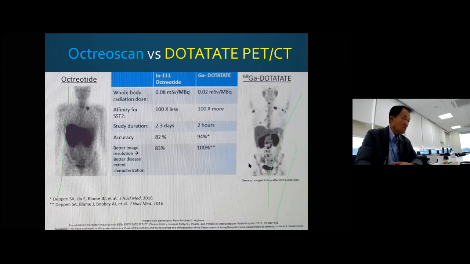Now, if you have a new SPECT camera using cadmium zinc telluride, you may have the same thing or even better. But comparison of planar versus tomography PET is not reasonable on paper here.